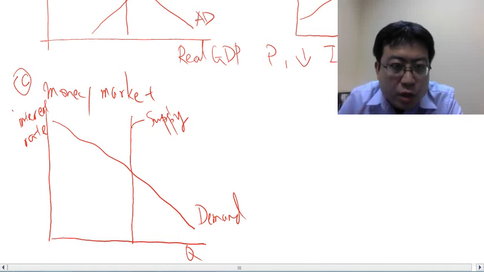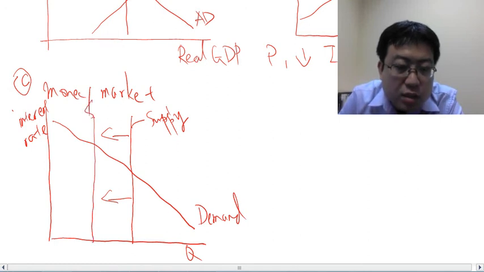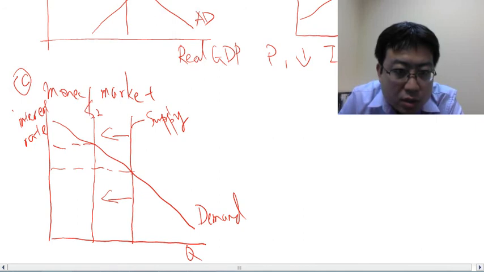When they take cash away from our consumers, therefore our supply curve for money will be shifted to the left because less cash is available. So supply curve shifts to the left. So this will be S2 over here. When supply shifts to the left, our interest rate for the marketplace will change. So this one is the old equilibrium. This one right here will be our new equilibrium.